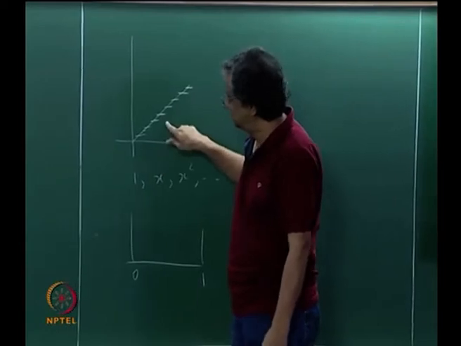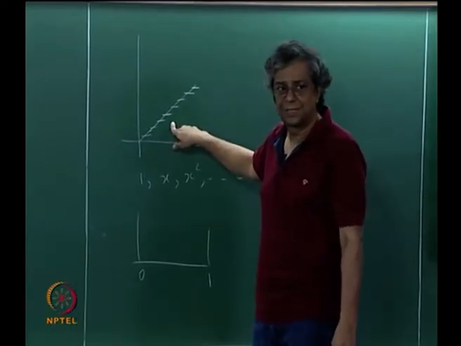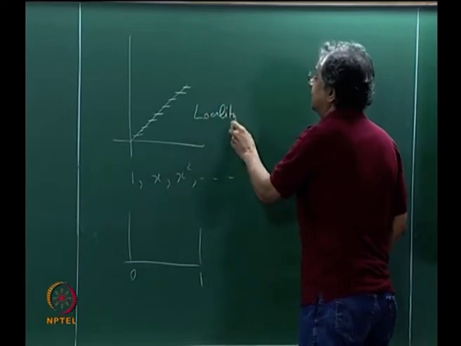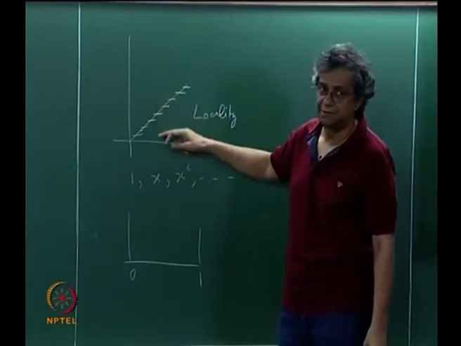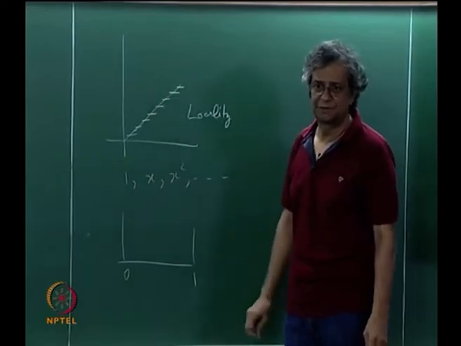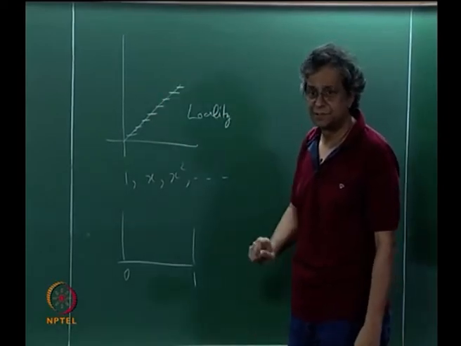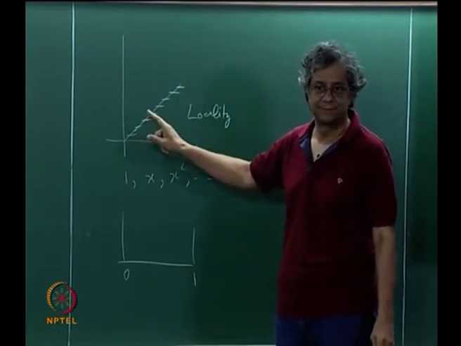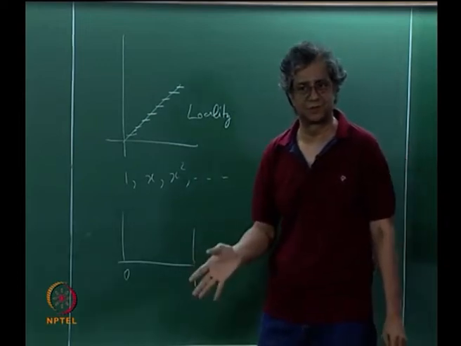Whereas box functions have something called locality. I want to recollect that locality. Box functions have locality, which allows you to locally change the value of the representation without affecting anything elsewhere.